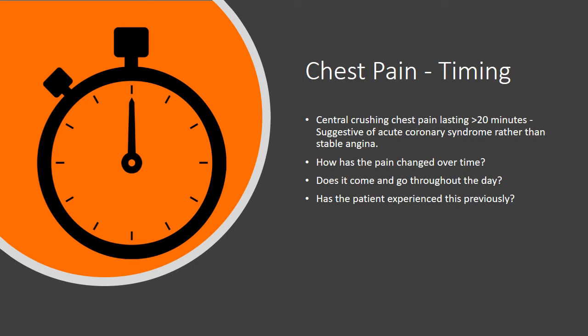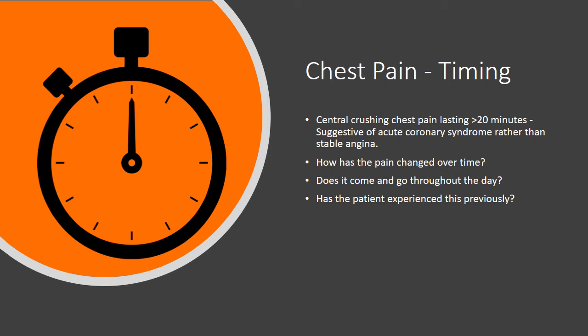The timing of the chest pain can be really useful in helping us shape our differential diagnoses. That central crushing chest pain lasting for more than 20 minutes is again very highly suggestive of acute coronary syndrome. And we can structure our questioning to ask, how has the pain changed over time?